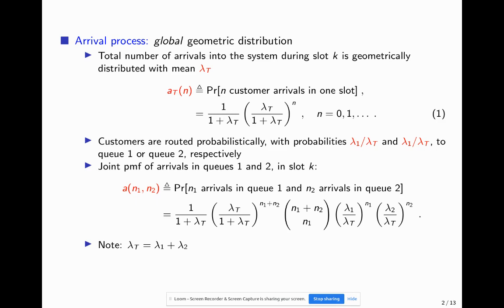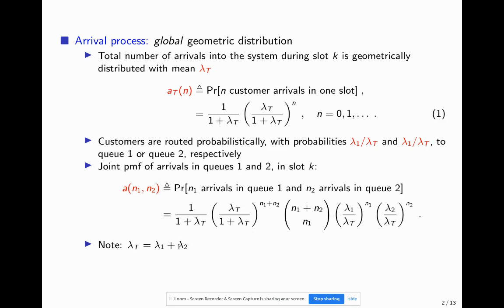So that is the total number of customers, and then each arriving customer is routed randomly to one of the two queues with fixed probabilities, these two probabilities. You can quite easily calculate the joint probability mass function of the arrivals into the two queues, and this is given by this expression.